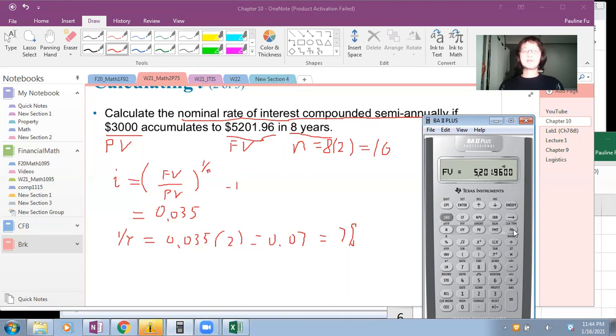Remember, when you have both present value and future value, one of them will be entered as a negative number. 0 is PMT, 16 is the term N, compute IY. See, the calculator directly gives you the nominal rate, 7%.